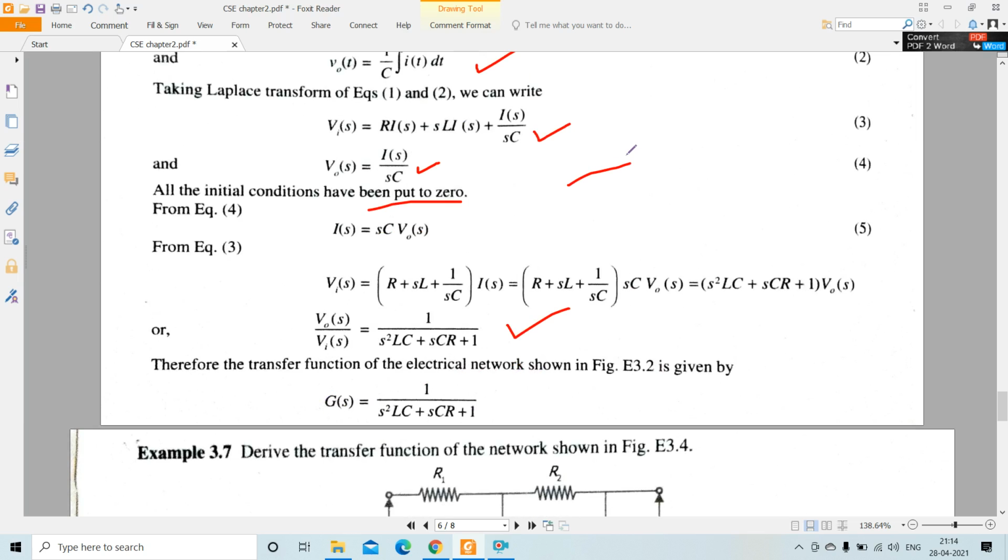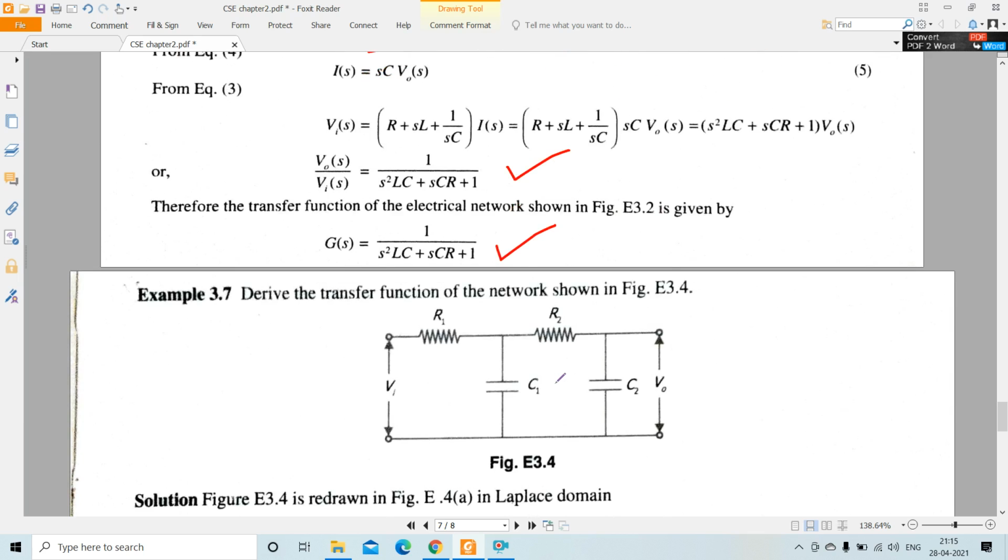If this is a process or plant, this is the input R(s), this is the output C(s), and G(s) is the plant gain. So G(s) is equal to C(s) by R(s), that is, V0(s) by Vi(s), and this is the transfer function of the electrical network.